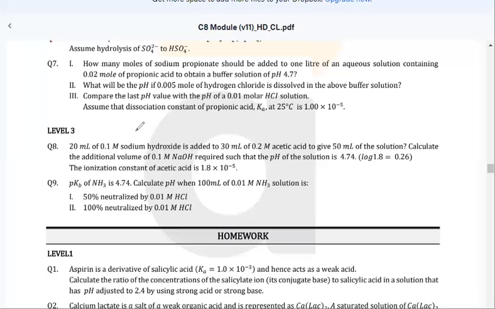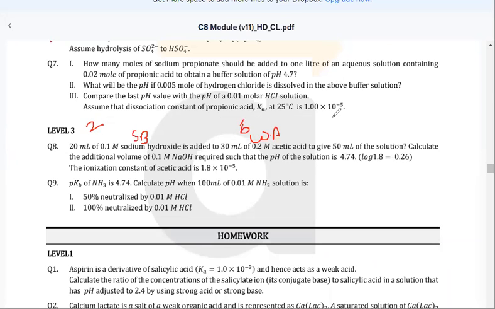Now tell me, strong base and weak acid will give me what? Salt of strong base and weak acid. Very good. If you calculate, this is 6 millimoles and this is 2 millimoles.